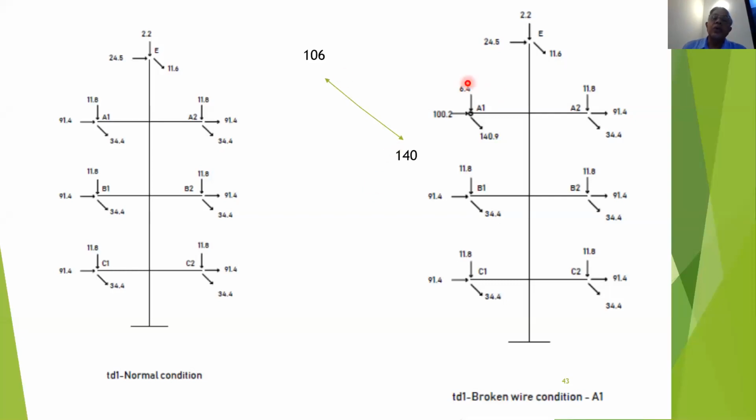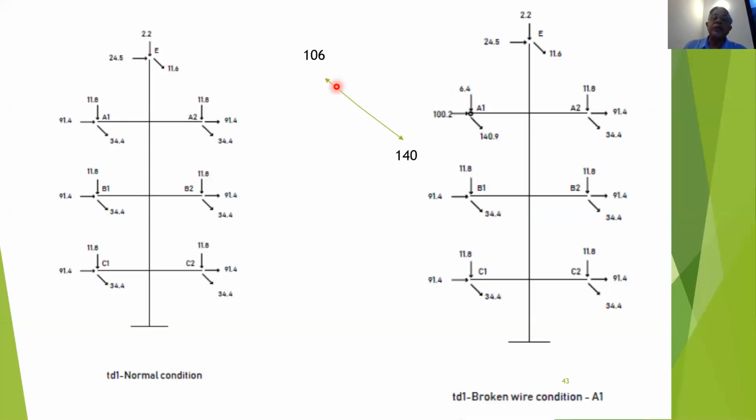So this shows 140.9. That means your conductor over here to this side is not broken. So it gives a tension of 140 kN, whereas the 106 kN has been there and that has failed.